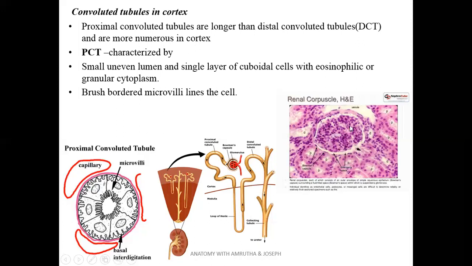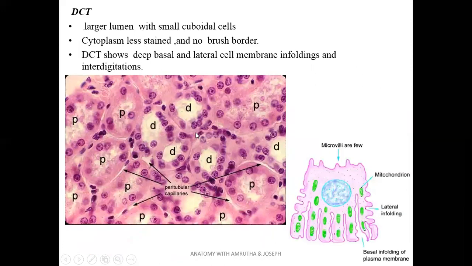The renal corpuscle can be seen, and the cross sections of the tubules can also be seen. Now the DCT has a larger luminal structure with small cuboidal cells.